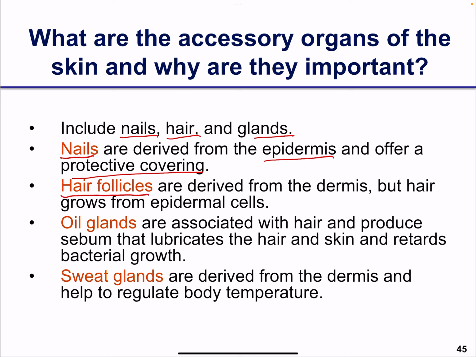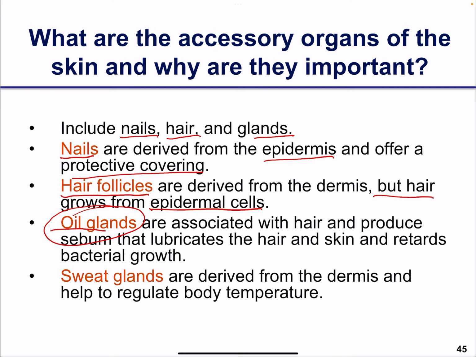The hair follicles are derived from the dermis, but the hair is going to grow from dermal cells. The oil glands are some extension of the epidermis while they are going to be embedded in the dermis, right?